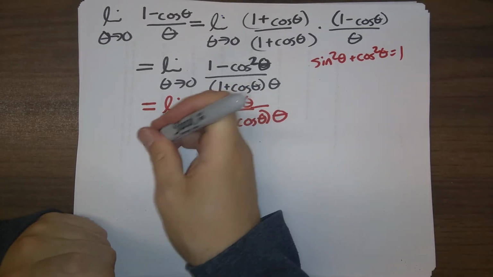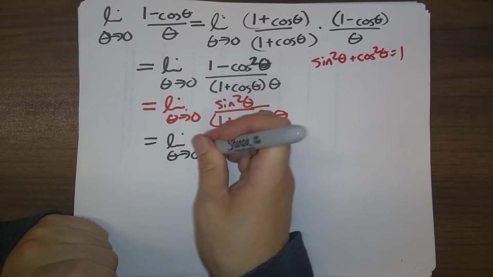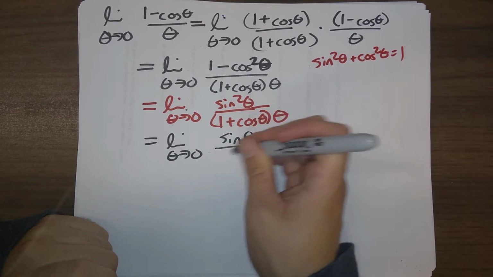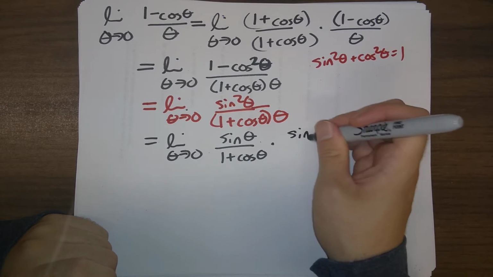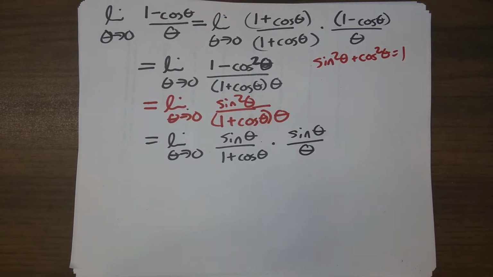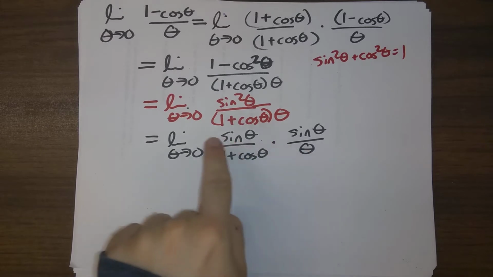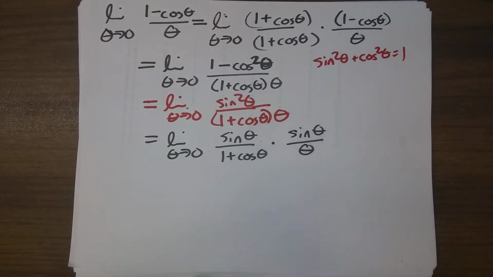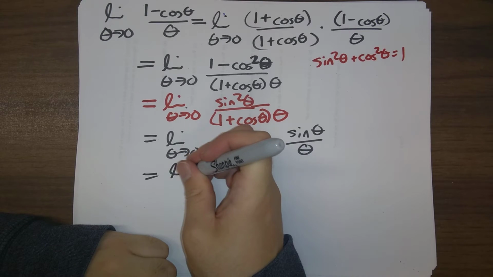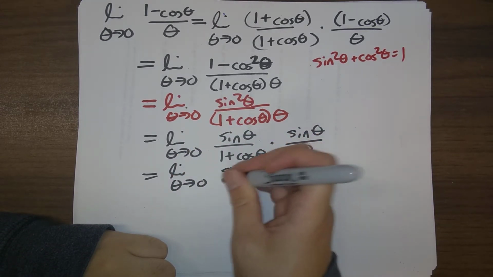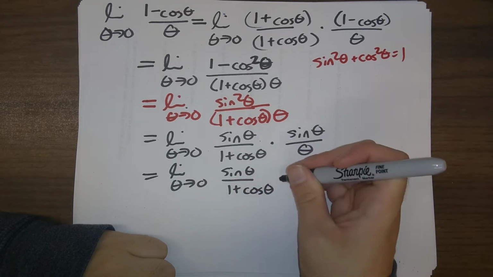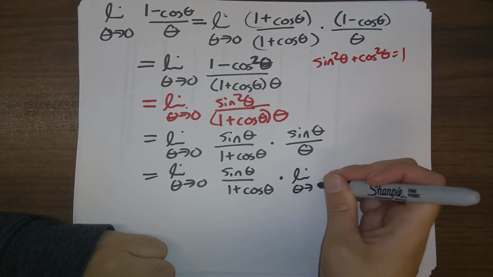So let's rewrite that as sine theta over 1 plus cosine theta times sine theta over theta. And at this point, we would like to be able to use the product rule. So we'd like to be able to say the limit of this times this is the limit of this times the limit of this. We're justified in saying that if both this limit and this limit exist.